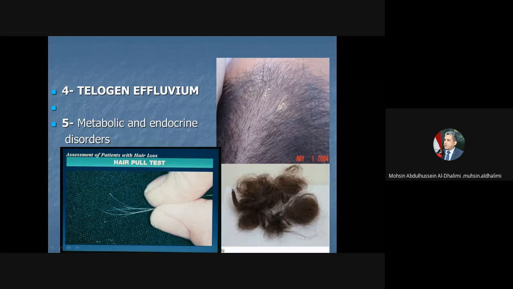Because when we have this condition, many hairs will change rapidly from the anagen phase into the telogen phase. The percentage of telogen phase in normal people is 10%, doctor. Yes, 10 to 15%. But in telogen effluvium it will rise to 30 to 40% of the hair.